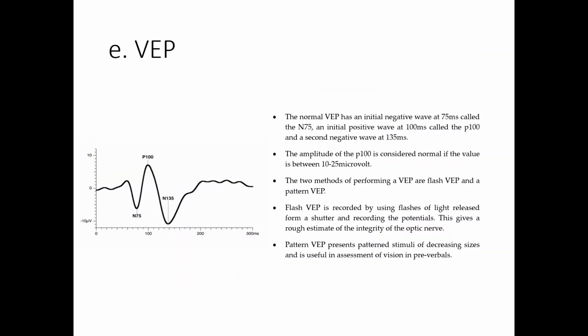Okay, so the next optic nerve function test is VEP. This is an objective and quantifiable test, and it is easy and required for documentation in medico legal cases. Whenever you want to document, you have to have a VEP. The normal VEP has a negative and a positive followed by a negative.